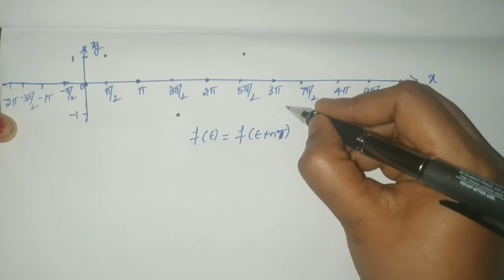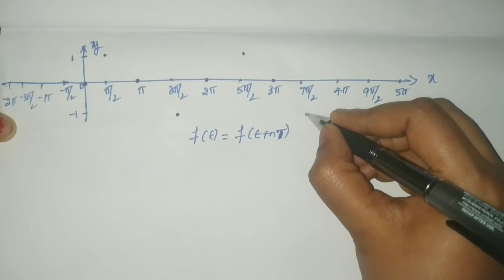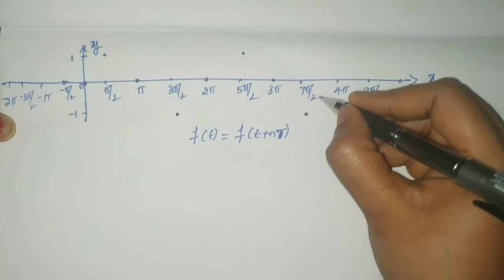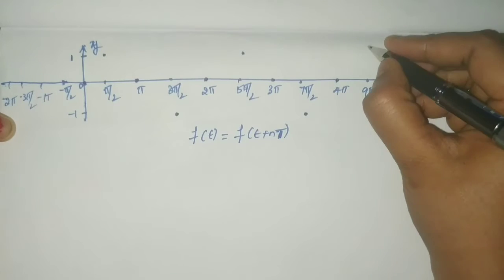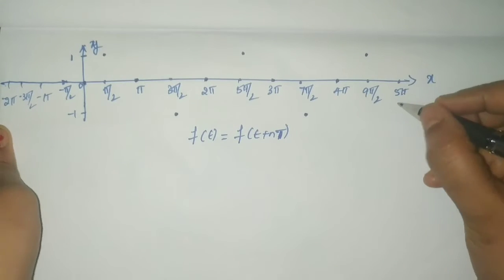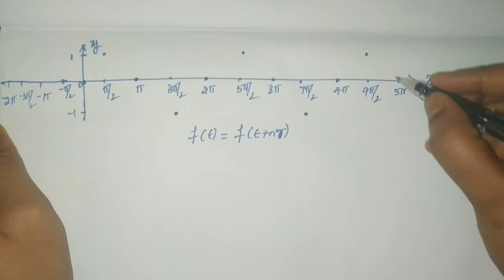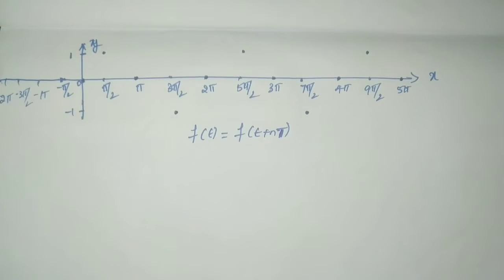Sine 3 pi is 0. Sine 7 pi by 2 is negative 1. Again sine 4 pi is 0. Sine 9 pi by 2 is positive 1, and it goes on. Sine 5 pi, I'll just mark it as 0.